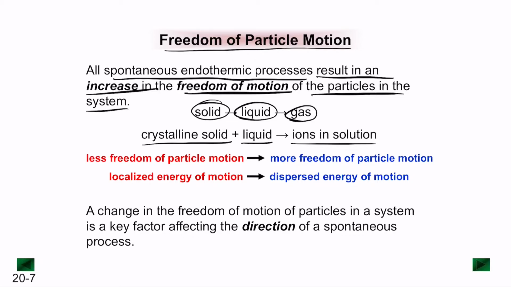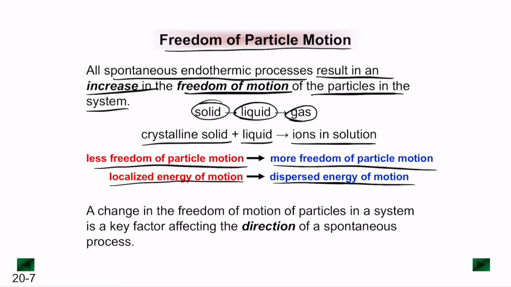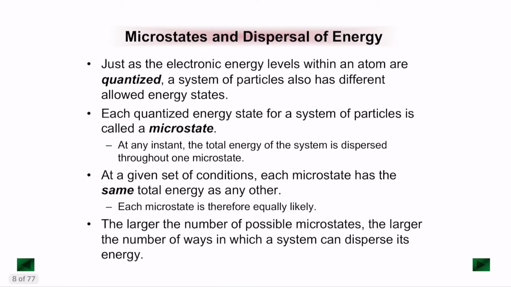So you go from less freedom of motion to more freedom of particle motion, and from localized energy of motion to a dispersed energy of motion. A change in the freedom of motion of the particles in a system is a key factor affecting the direction of the spontaneous change. The spontaneous change always tries to go toward the state that has more degrees of freedom.